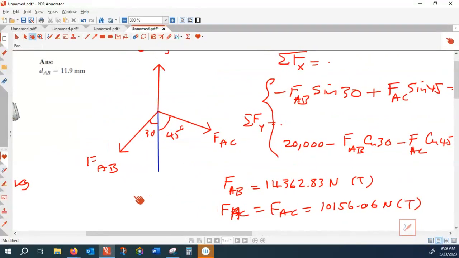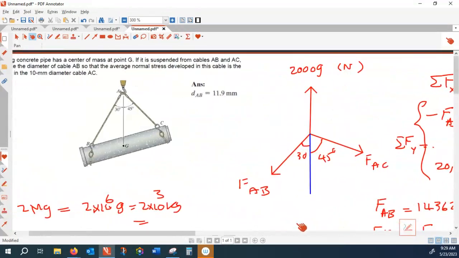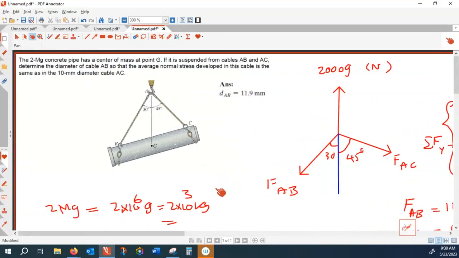All right, now, the diameter of AC is 10 millimeter.